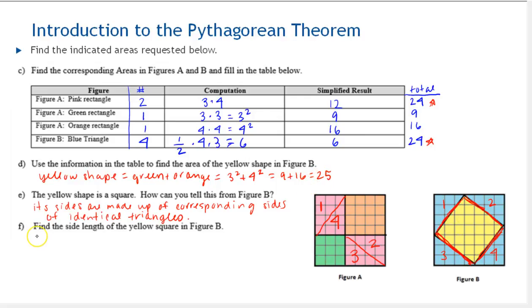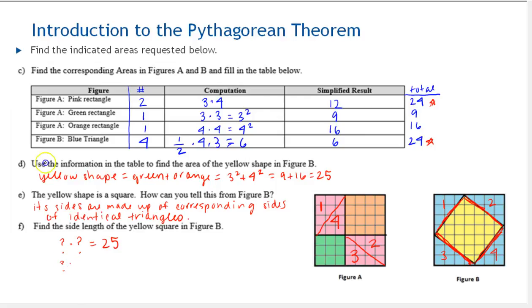So in part F, we're asked, find the side length of the yellow square in figure B. Well, we know if we have a square that, just like we did here, the sides are the same length. So we have some number times that same number, so I'm calling them both question mark, is going to equal 25. Okay, so what number times itself equals 25?